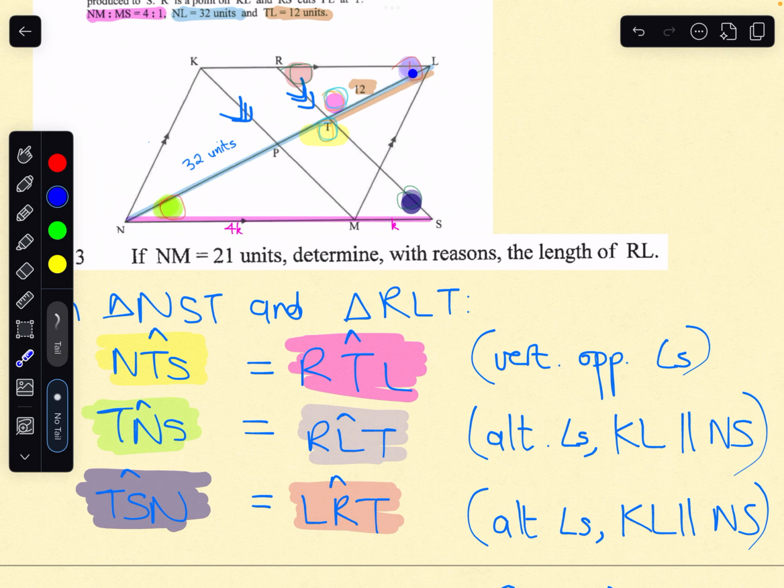So because we know the ratio of this piece to this piece, which is 12 to 4, this ratio is also going to be 12 to 4, or if you simplify it, 3 to 1. So this side is 3/4 of this whole side. It's 3 out of the 4 parts. And because we know this is 21, we can just work out the length of RL to be 3/4 of 21. Nice. That's a cool way to do it too.